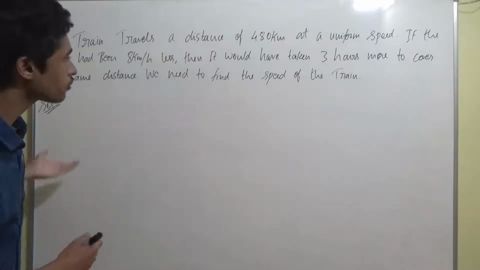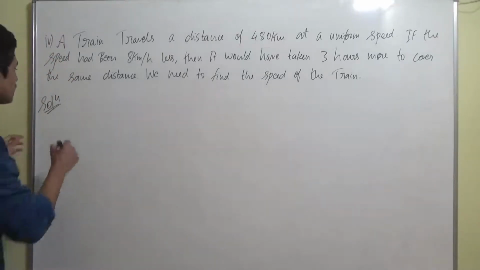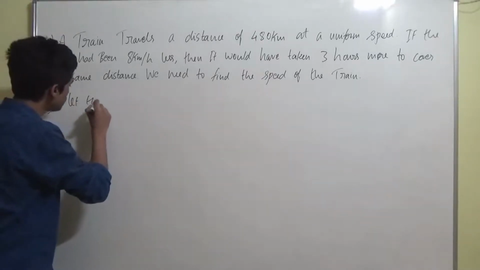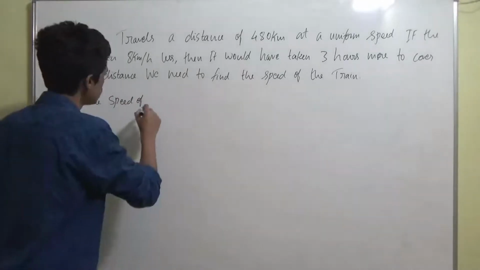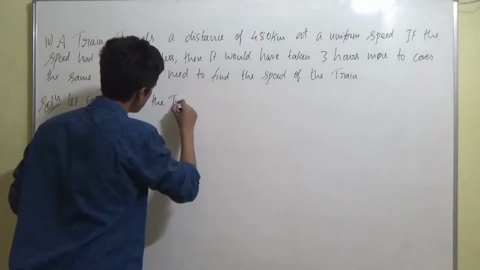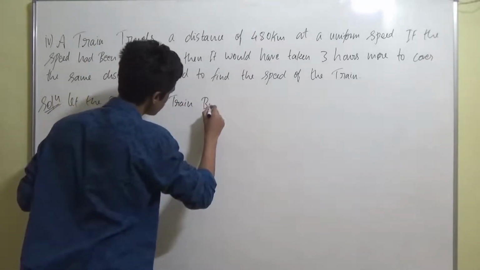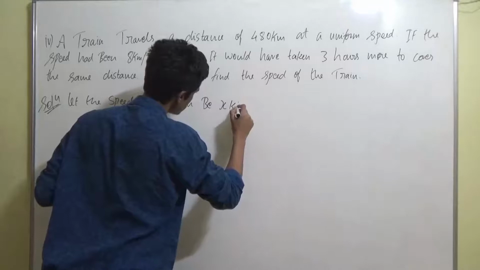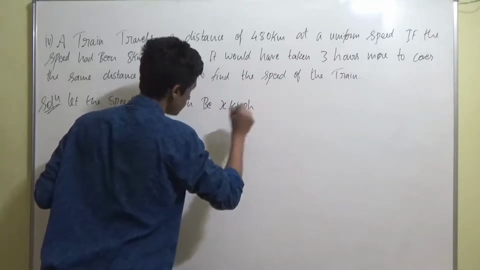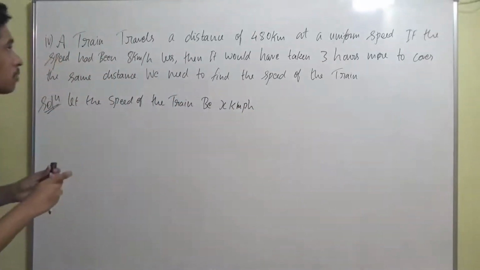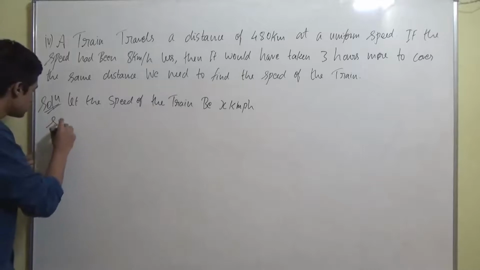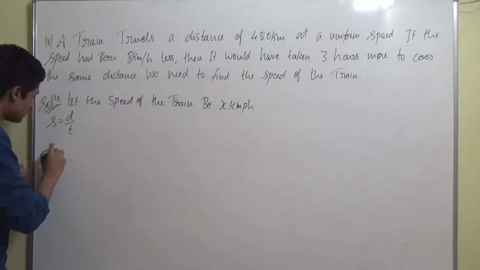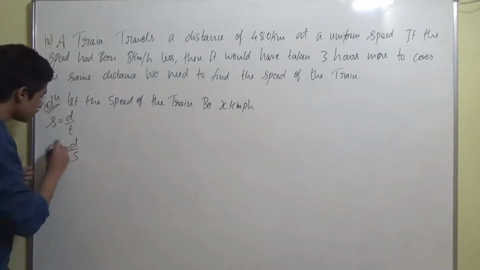So in the question we have to find the speed of the train. So we'll assume let the speed of the train be x kilometer per hour. Getting it, guys? And the second formula which we have to use in distance, speed and time related questions is speed equal to distance by time, or else time equal to distance by speed.